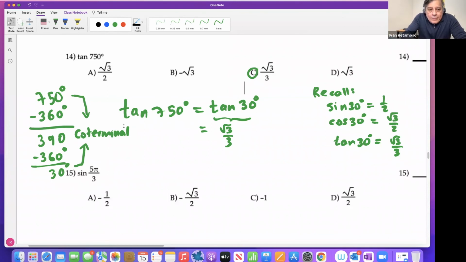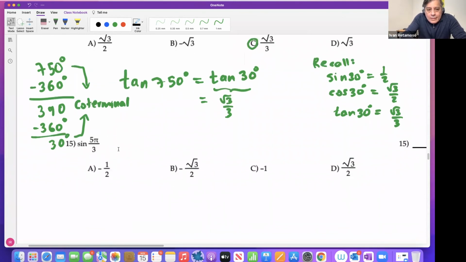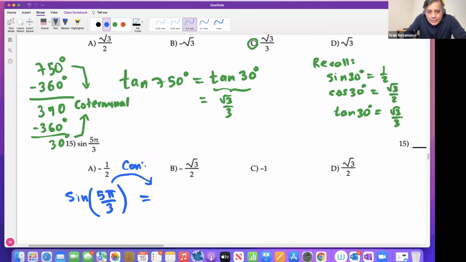Now, before moving on and going over the exercise I'm going to ask you to go over, let me explain this one too. Sine of 5 pi over 3. Or perhaps I could let you try this. Hint: convert to degrees, and then see what you get.